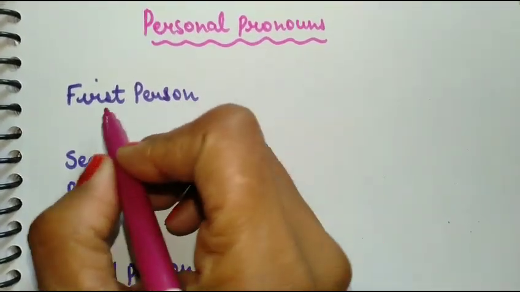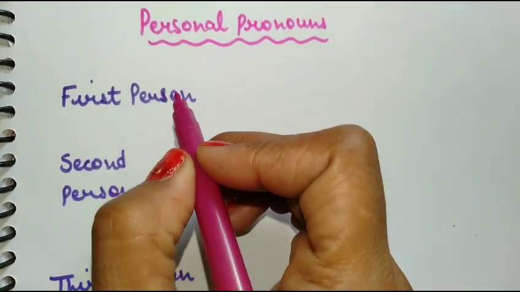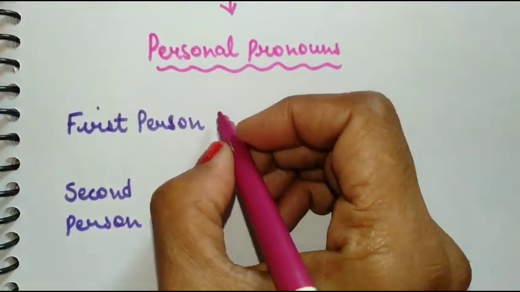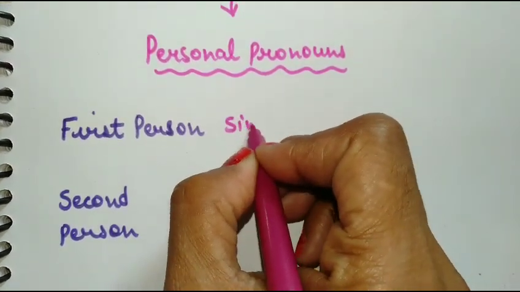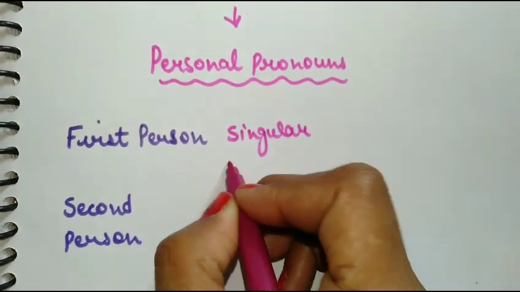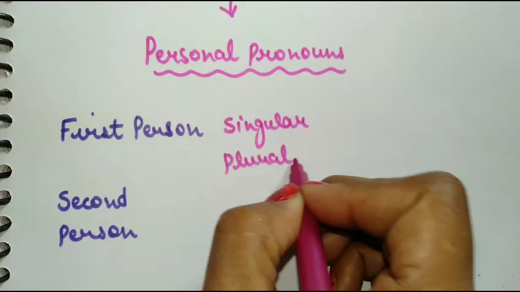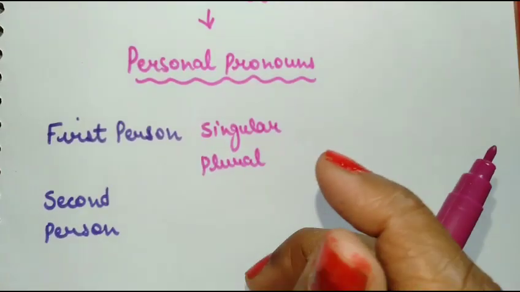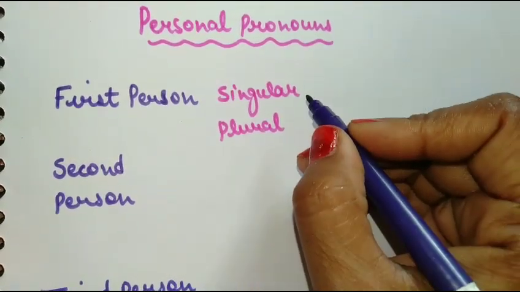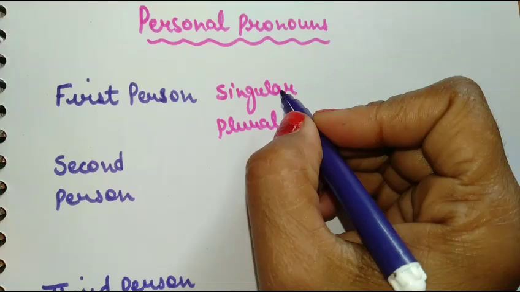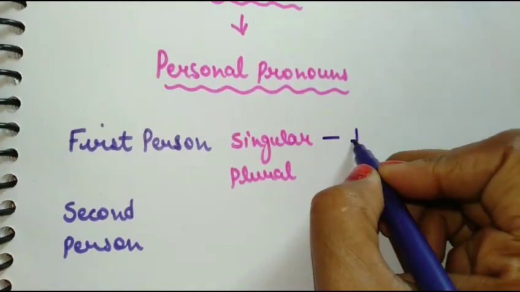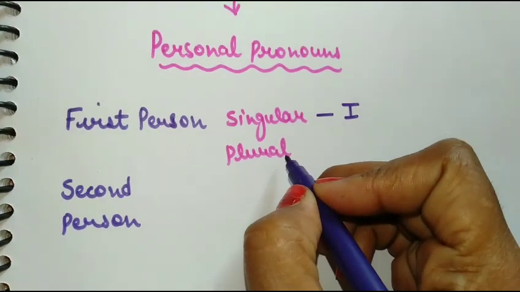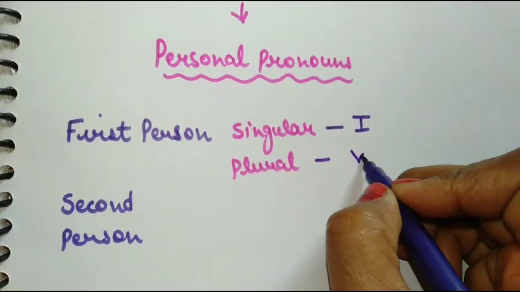Now, let's talk about first person. When we are talking about first person, it is divided into two forms, that is singular and plural. The subjective case for singular will be I and for plural, we.